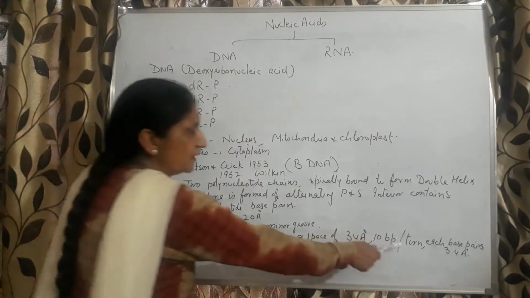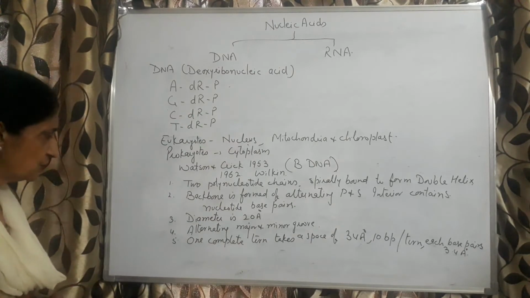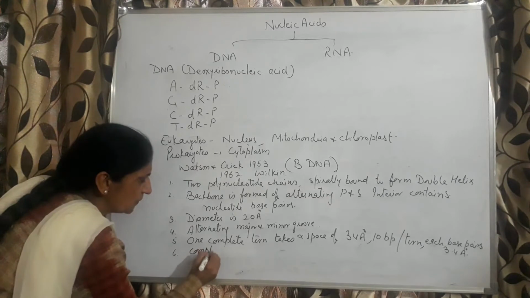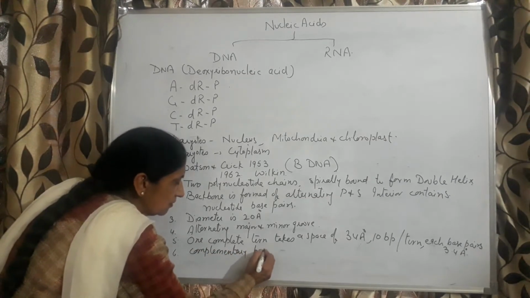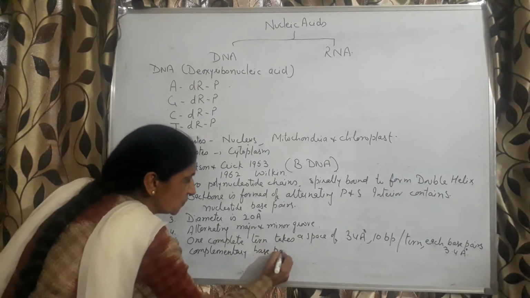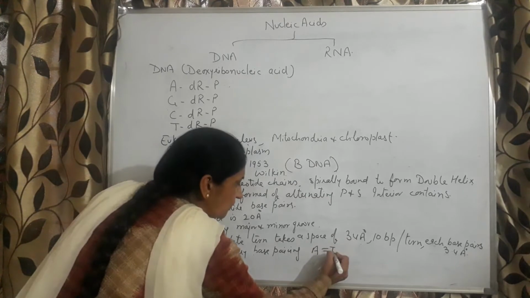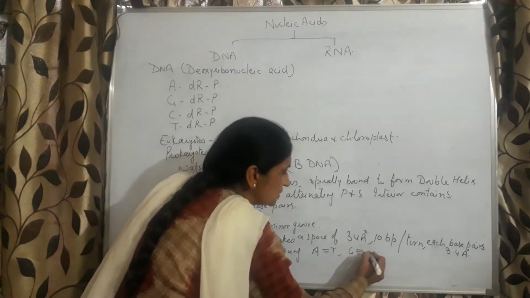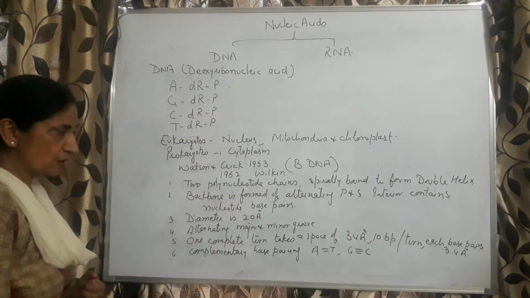That's why 10 base pairs occupy a space of 34 angstrom units. Then there is always complementary base pairing: adenine always pairs with thymine through a double hydrogen bond, and guanine always pairs with cytosine through a triple hydrogen bond.